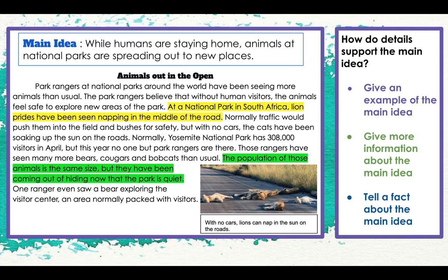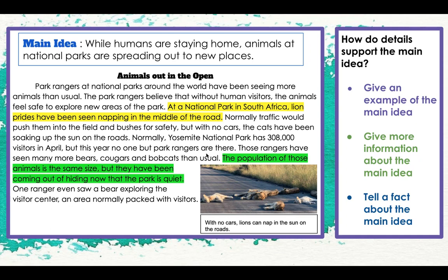What does that tell us about the main idea? I would say that this is an example. They're telling us about a specific type of animal at a specific national park, the lions at a national park in South Africa, and they're telling us how they're spreading out to new places. They're napping in the middle of the road now. So they're giving us an example of this main idea.